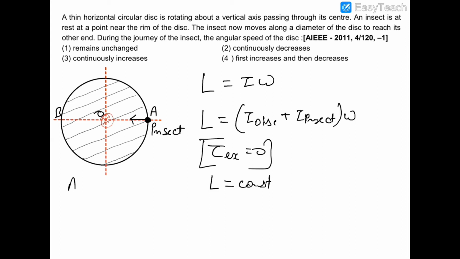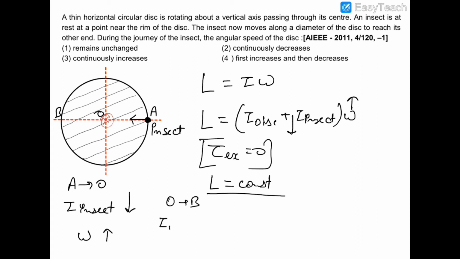So from A to O, the moment of inertia of the insect would decrease because the distance of that insect from the center is decreasing. If the moment of inertia is decreasing, then to keep the angular momentum constant, omega has to increase. So omega will increase, and from O to B, the insect is moving away from the center.